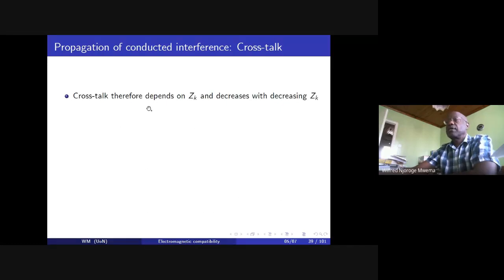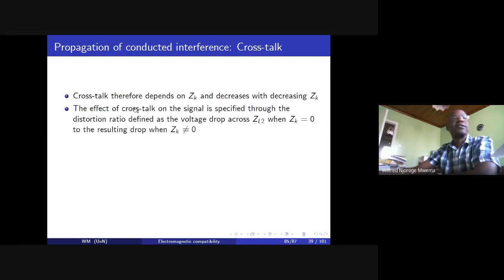So crosstalk will therefore depend on the mutual impedance, or the impedance of the connecting path or the common path, and will decrease as we decrease the value of Zk. So if Zk represents the impedance of the ground plane, that is the resistance of the grounding path, then we must go to as near perfect conductors as possible.